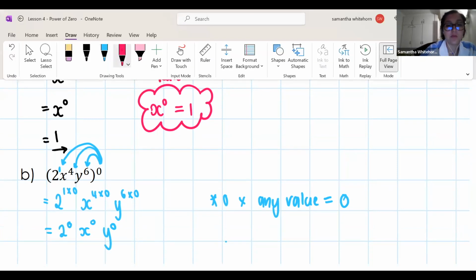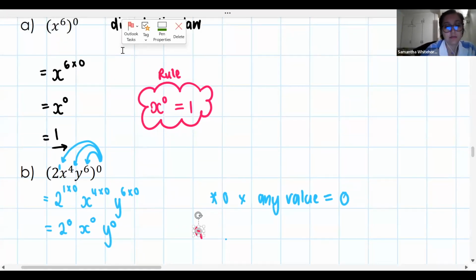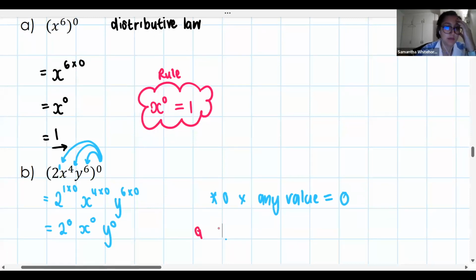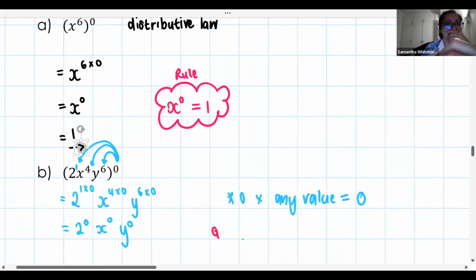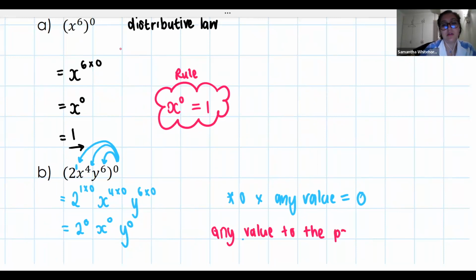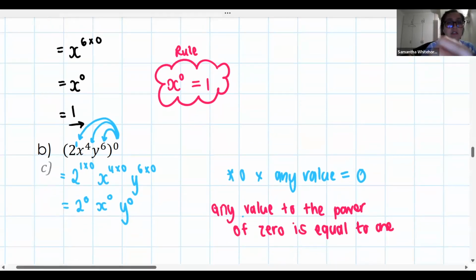And because we know our rule is that any value to the power of 0 is equal to 1, we know that all of these, 2 to the power of 0, x to the power of 0, y to the power of 0, are equal to 1.